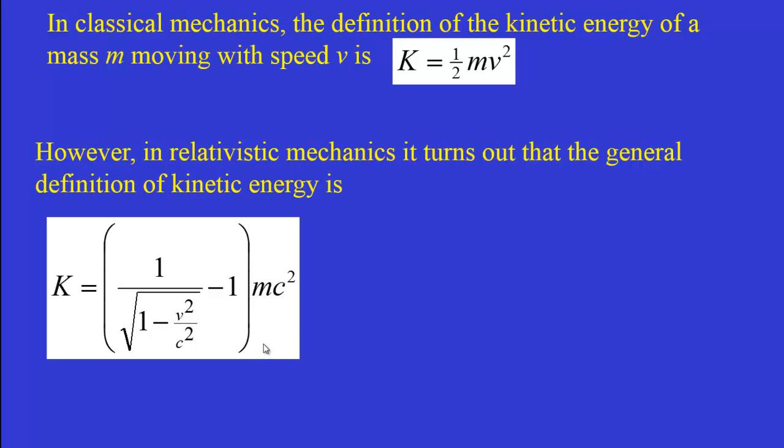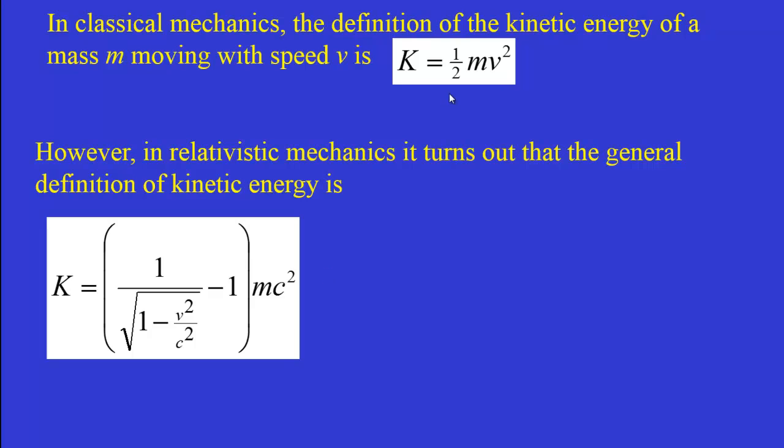So the question is, does this really complicated looking expression, if we look at a case where v, the velocity, is small compared to the speed of light, does this expression reduce to the familiar 1/2 mv squared? Because it should, right?